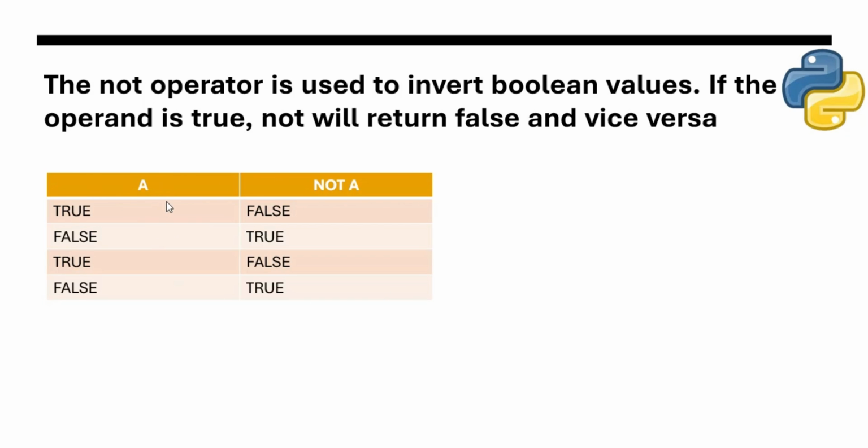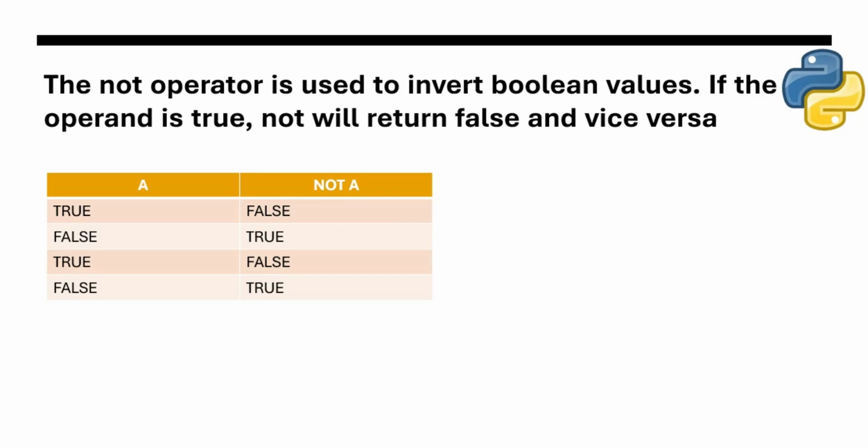Here a with true value will return false. False will return true. True becomes false. False again becomes true. So the not operator inverts the Boolean value.